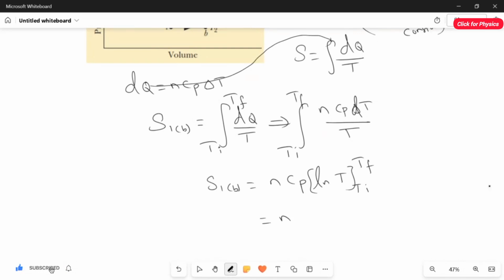After you simplify, we get n Cp ln of T final over T initial. So this is S1 for B. Let's consider this as our first equation.